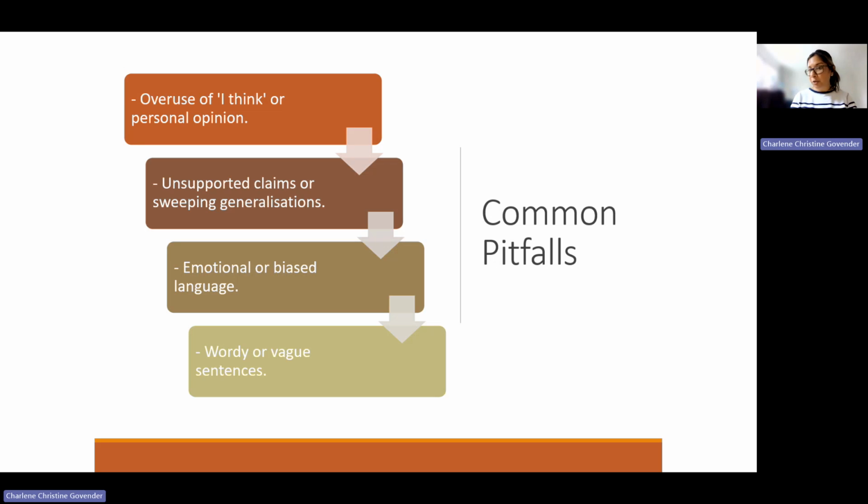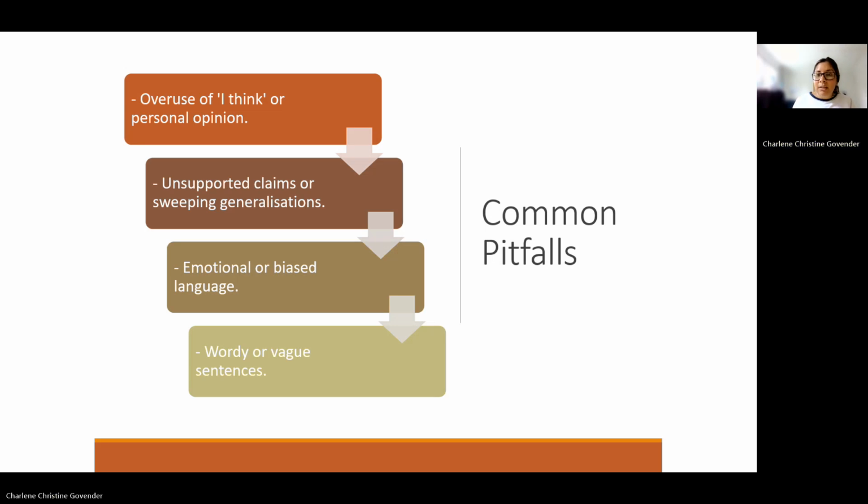So it doesn't come along with you. It doesn't translate to your writing at all. There are other ways that you can show that you have been well read and you have a very grounded view about this, but avoid using emotions or biased language. Okay, that also ties into your sweeping generalizations and unsupported claims.